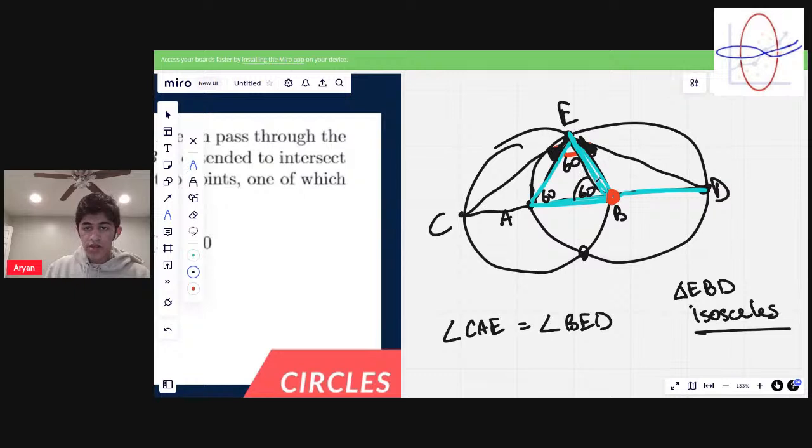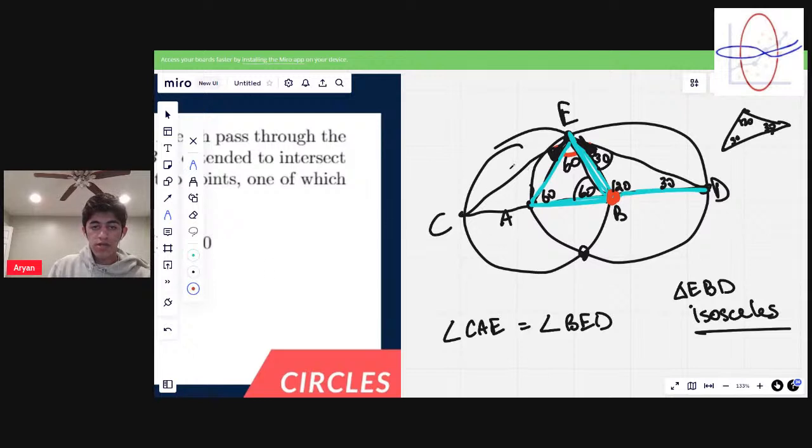And now if this right here is 60, this would be 120 because they have to add up to a straight line. So basically, if I pull this triangle out so it's not as cluttered, I have this vertex angle is 120, which makes both of my smaller angles 30. And I know that's kind of hard to see, but we have this is 30 right here.